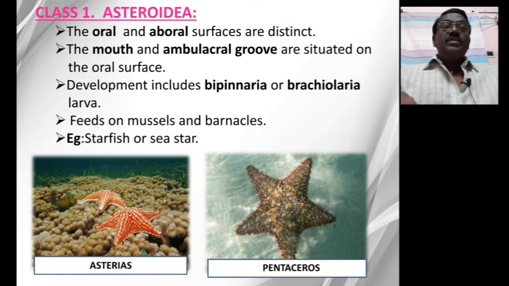The development of ASTEROIDEA includes the bipinnaria and the brachiolaria larvae. Normally, these asteroids feed on mussels and barnacles. The specific example for this class Asteroidea is starfish or sea star.